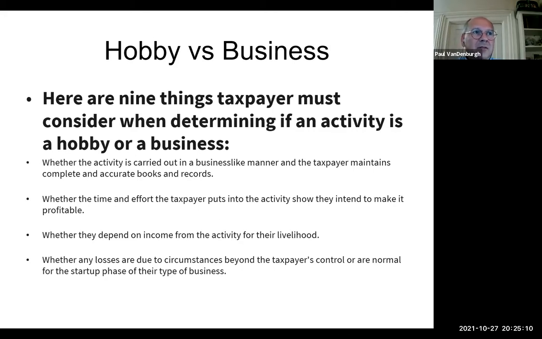It is not uncommon for the beginning years of a business to operate in the red. IRS kind of expects that, but there is a presumption of profit. If 2 of the 5 years there has been a profit, you're deemed to have been in a profit mode.